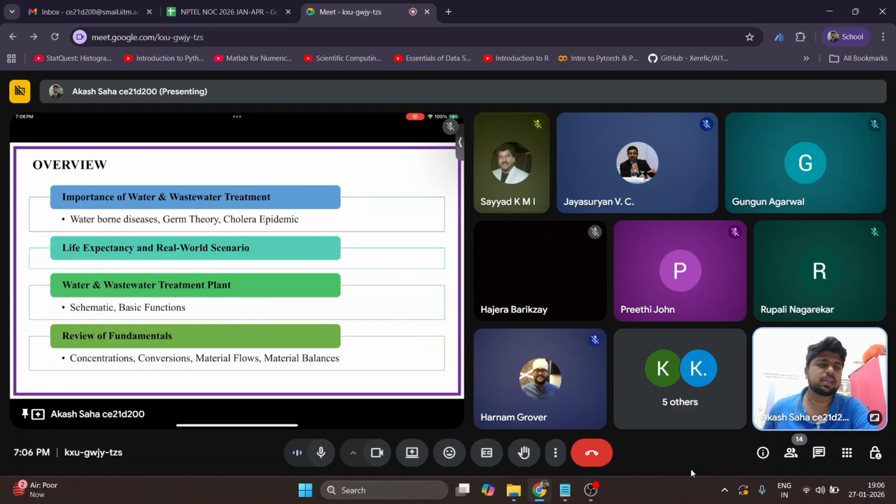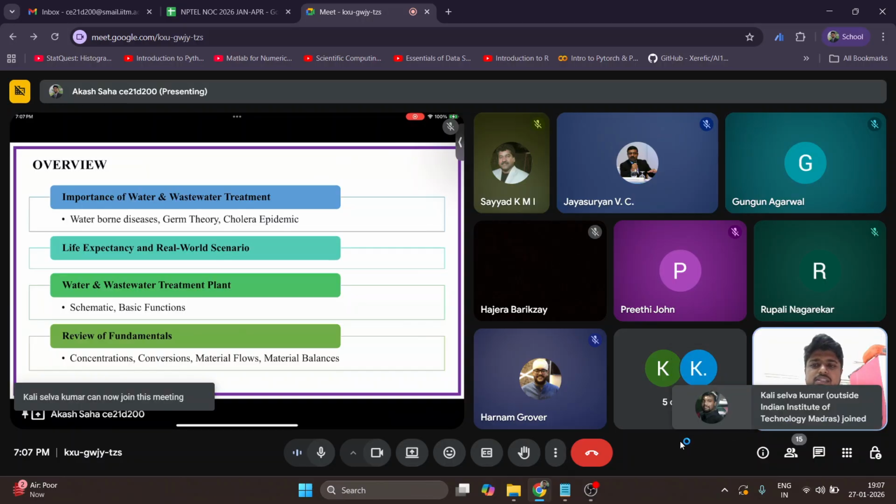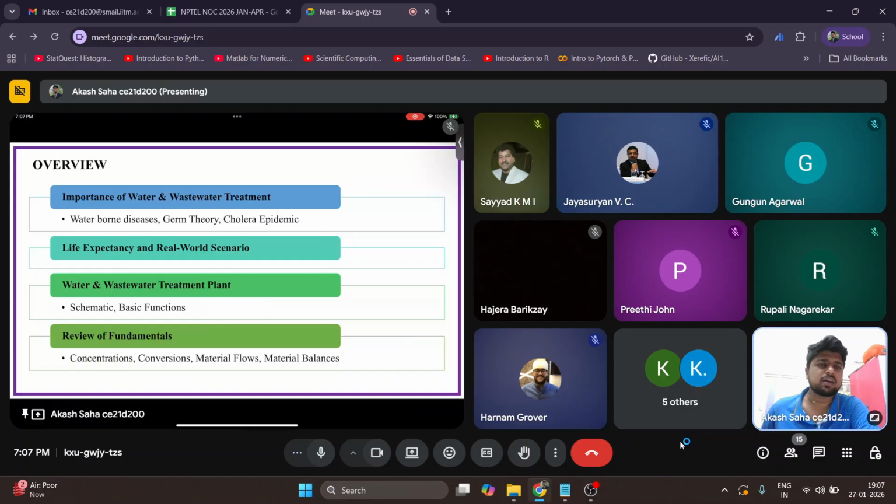Today we'll be going through the contents of week 1, which comprise the importance of water and wastewater treatment, where we'll be discussing various kinds of waterborne diseases, the germ theory and the cholera epidemic. Then we'll talk about life expectancy and real world scenarios, and then move on to the concepts of the water and wastewater treatment plant, how the schematic looks, and what the basic functions of each of the processes are.